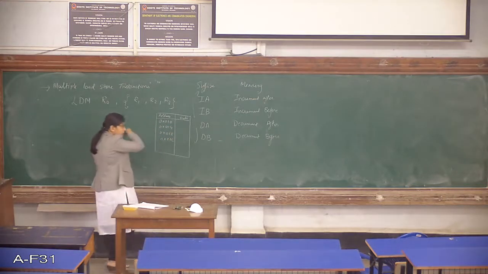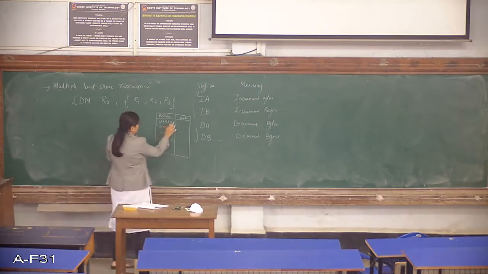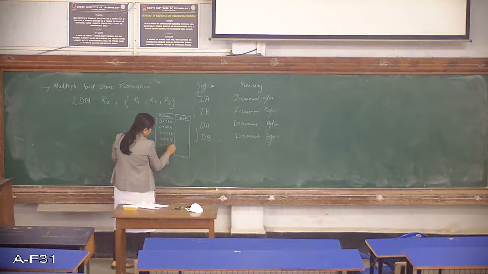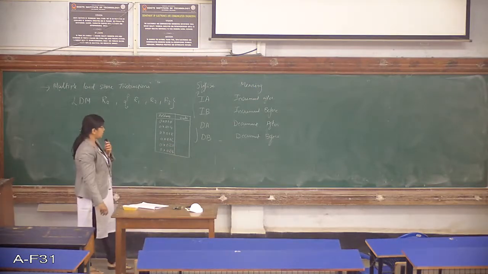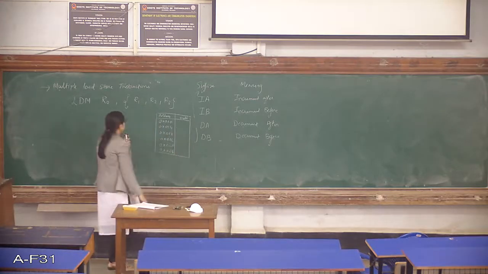Since memory is of 32 bits, you will be having 4, after 10 you'll be having 14, 18, 1C, and then 020, and then 024. These are the memory locations.